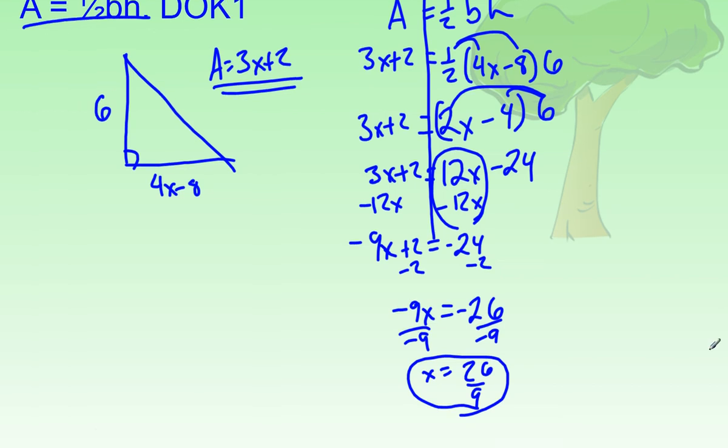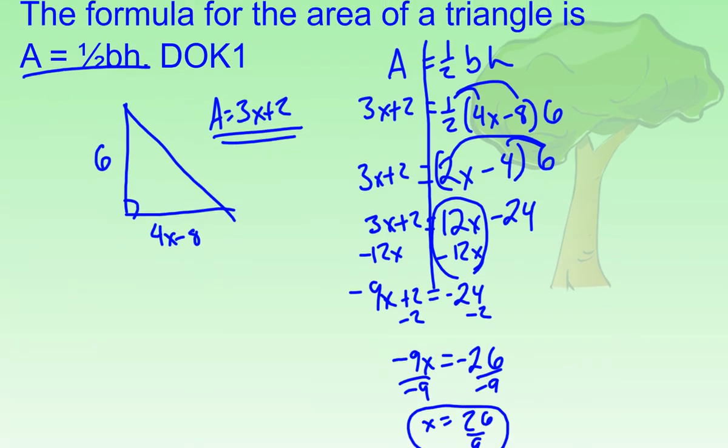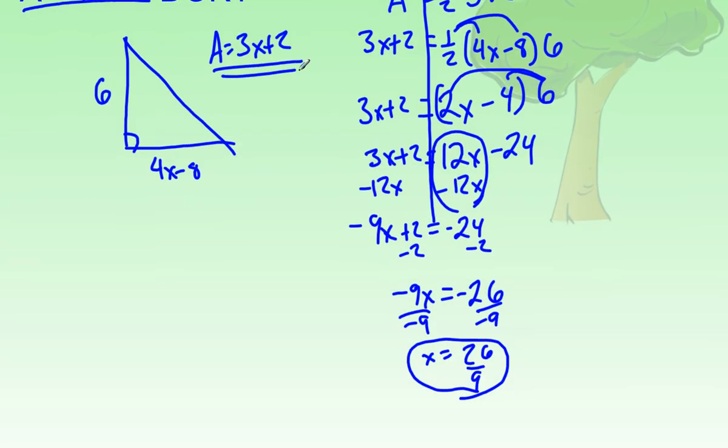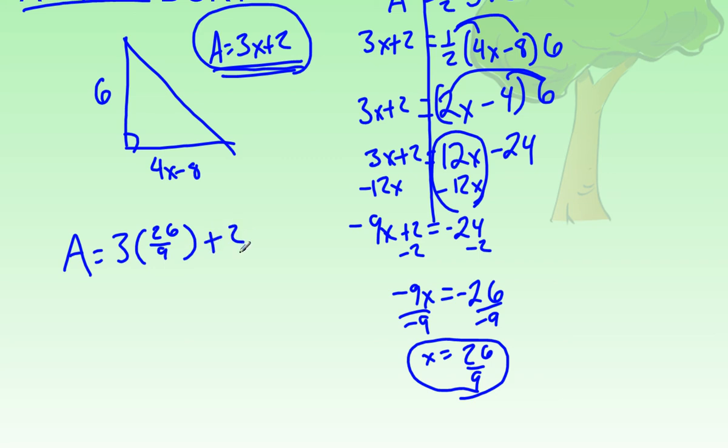Now we're going to take this, and we can use it to find the area of our triangle. This is the formula right here that's going to help us out, because it says the area is equal to this stuff. And since I know what x is, if I plug 26 over 9 in for x, I get my answer. So area equals 3 times 26 over 9 plus 2.